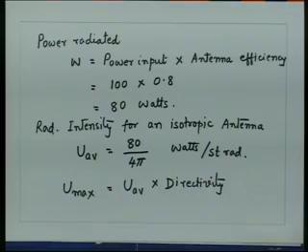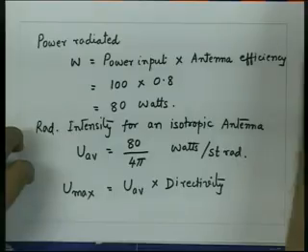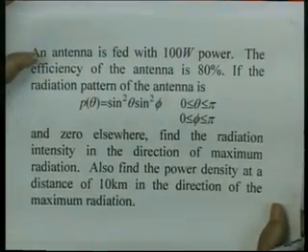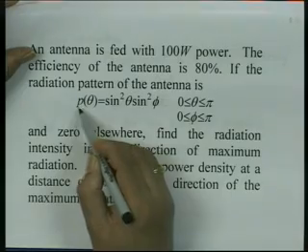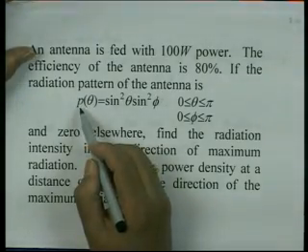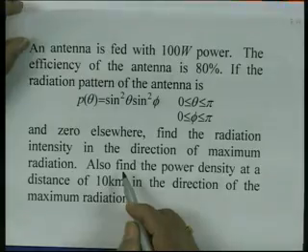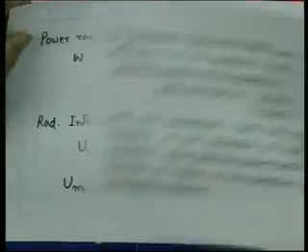Now, to find the maximum radiation intensity, first we have to find the directivity of the antenna from the radiation pattern which is given here. Note that the radiation pattern given here is p theta, the radiation pattern directly for the power. So, now we can use this radiation pattern to find the directivity.